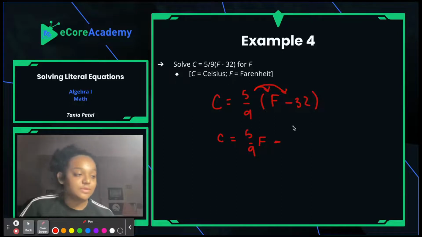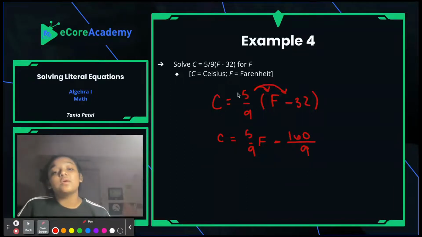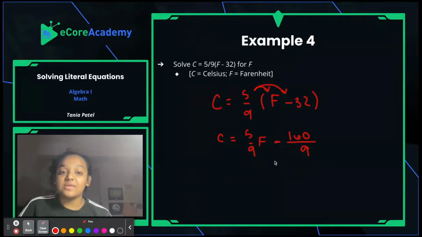So 5 times 32 will be 160 over 9. And that's just a simplified version of that. But like I said, we are solving for f. So again, we want to start isolating this variable. Next step we have to take is to actually add 160 over 9 to both sides using our inverse operation rules.